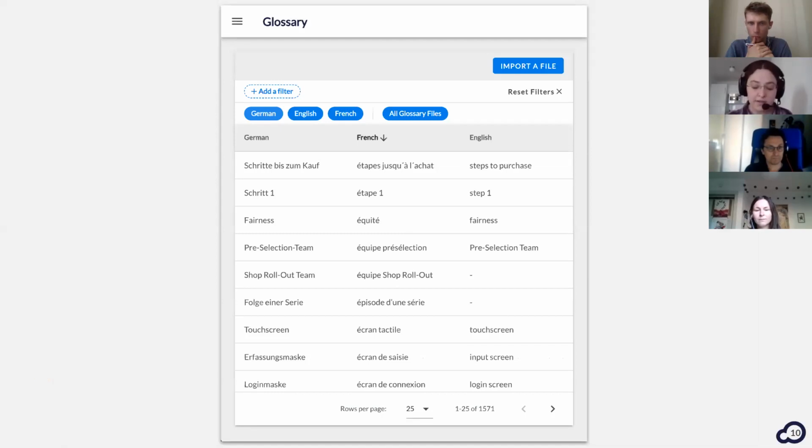A glossary is kind of like the customer's last line of defense for how they want their terminology to sound. And this is important because, for example, if the company is working in the marketing sphere, they want their translations to always have the same tone and the same brand.